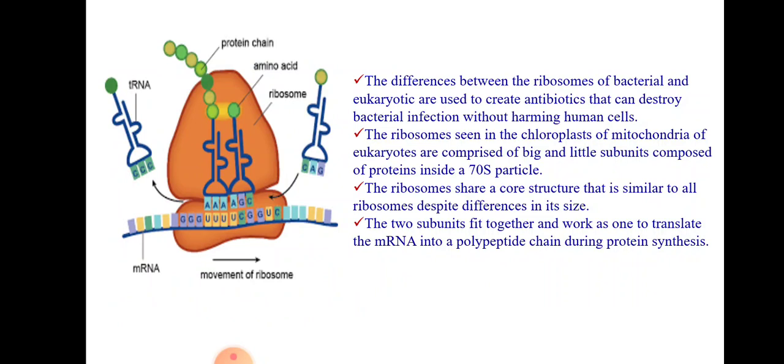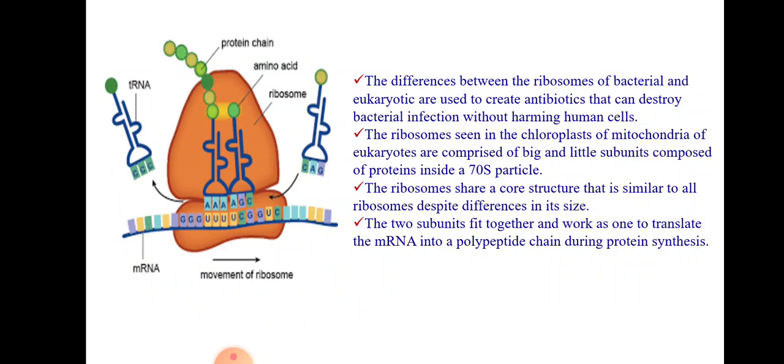The ribosomes seen in the chloroplasts and mitochondria of eukaryotes comprise big as well as little subunits composed of protein inside 70S particles. The ribosomes share a core structure that is similar in all ribosomes despite the difference in size.